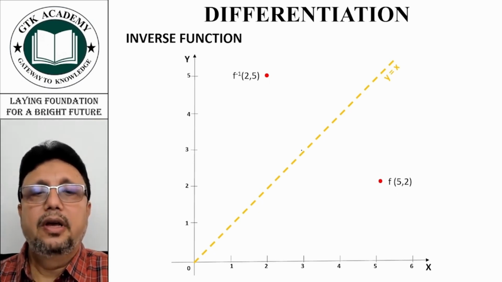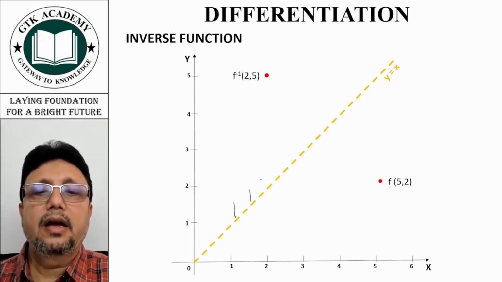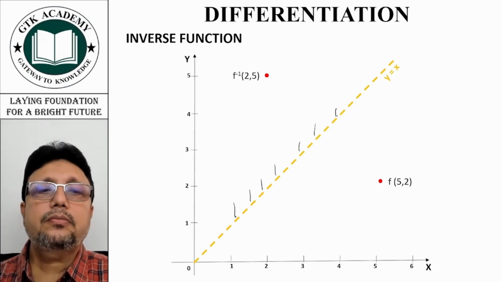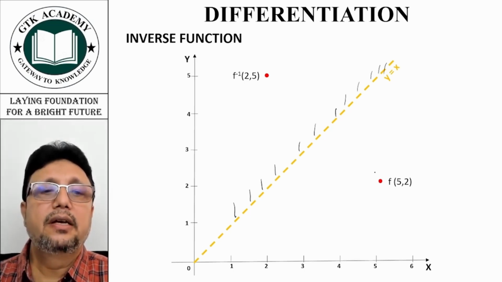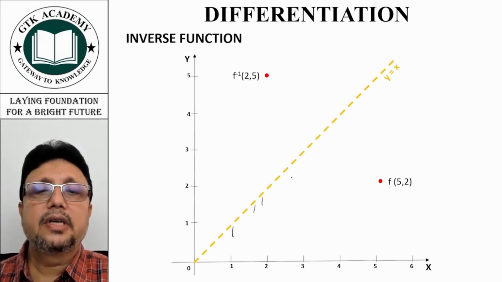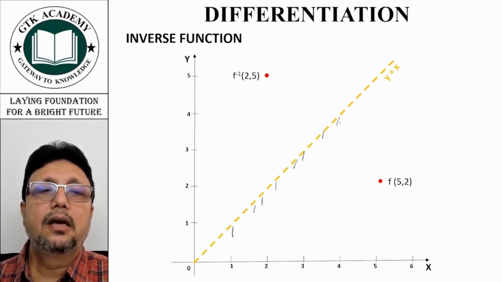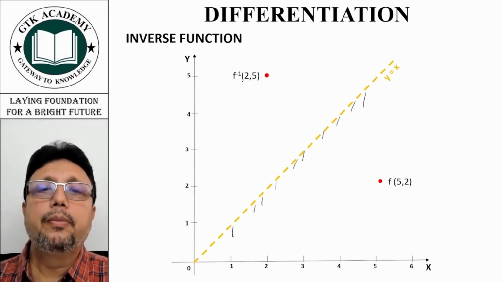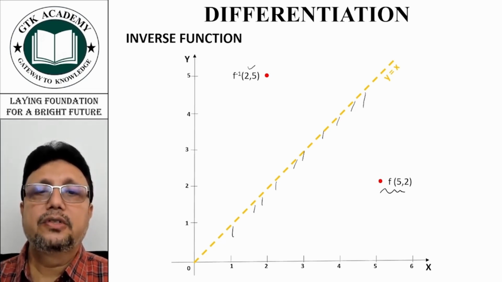For example, if you keep a mirror here, polished on this side, and you keep f here, you will see f inverse as a reflection. Or if you have a mirror polished on this side and you keep f inverse here, you will see f as a reflection of f inverse.